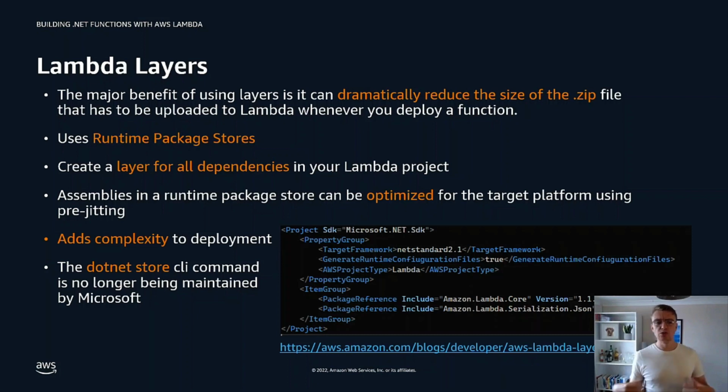It also uses the .NET Store CLI command, which is a CLI command used to generate runtime package stores, but that .NET Store command is not actually being maintained by Microsoft anymore. So you can look at Lambda layers, but ordinarily for the compiled runtimes .NET and Java, it's not normally a recommended approach.